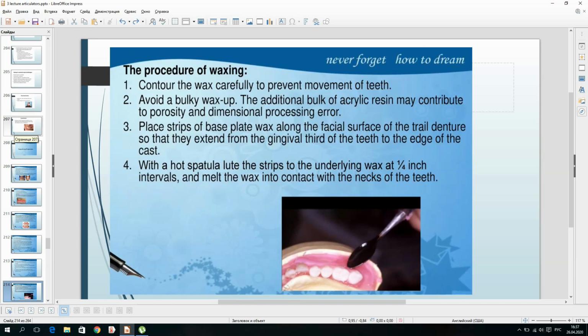With a hot spatula, lute the strips to the underlying wax at 1/4 inch intervals and melt the wax into contact with the necks of the teeth.